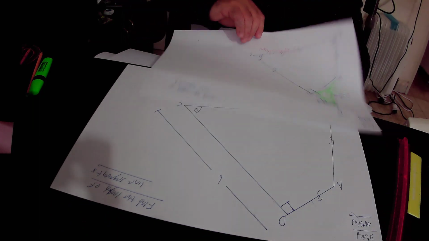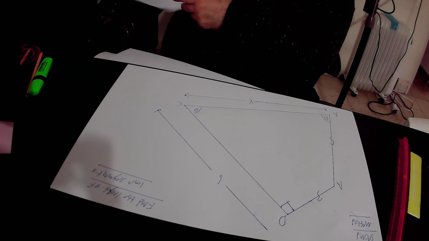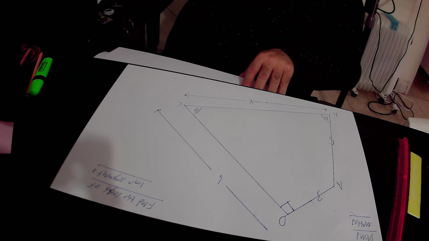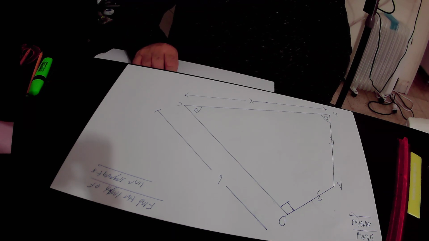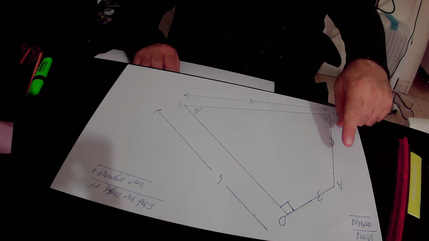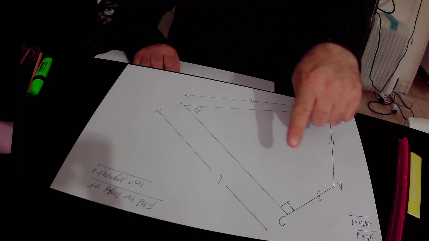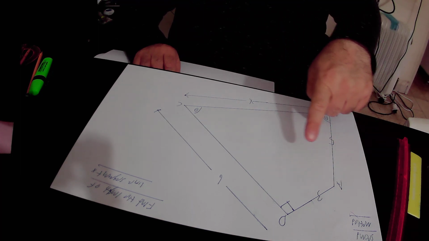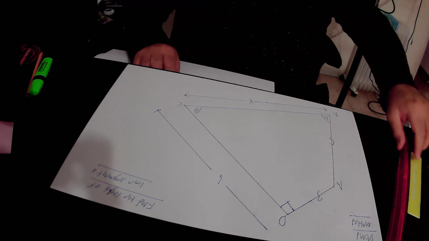In the second method, we will do another construction. From point A, we will draw a straight line on DC in such a way that the straight line will be parallel to BC.